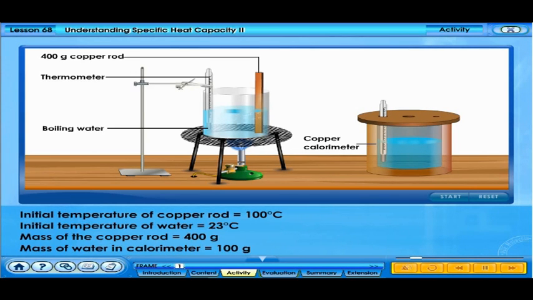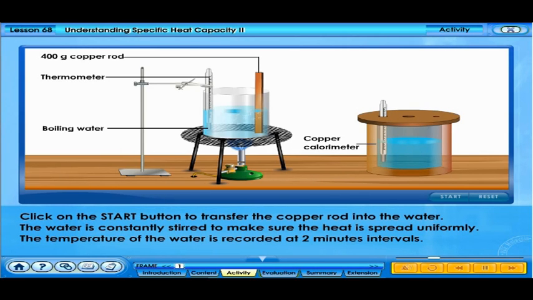Initial temperature of copper rod equals 100 degrees Celsius. Initial temperature of water equals 23 degrees Celsius. Mass of the copper rod equals 400 grams. Mass of water in calorimeter equals 100 grams.